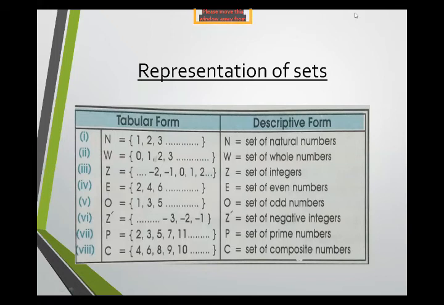Okay, the next one is Z. Here the integers are denoted by Z. Now what are the integers? Integers include all the positive numbers and all the negative numbers.